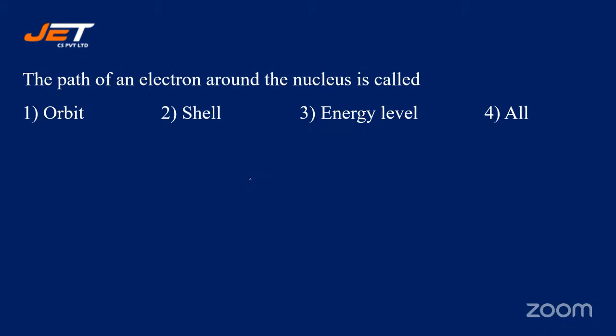Hurry up, children. The path of an electron around the nucleus is called orbit, shell, energy level, or all.